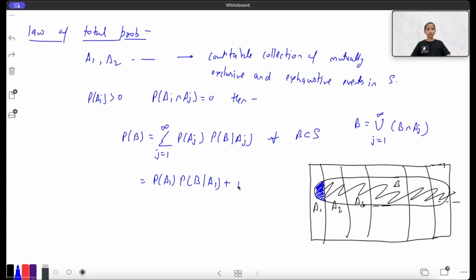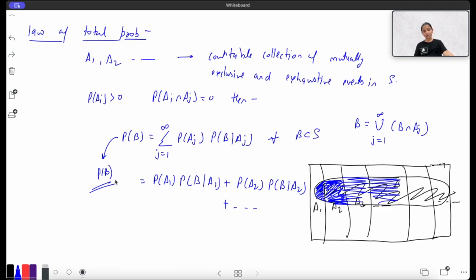Now second, probability of happening of event A2 and probability of happening of B, given that A2 has occurred, that is the probability of this portion. So going on like this, we are adding the probabilities of all these events. By doing this again and again till infinity, we will get the total probability for B.